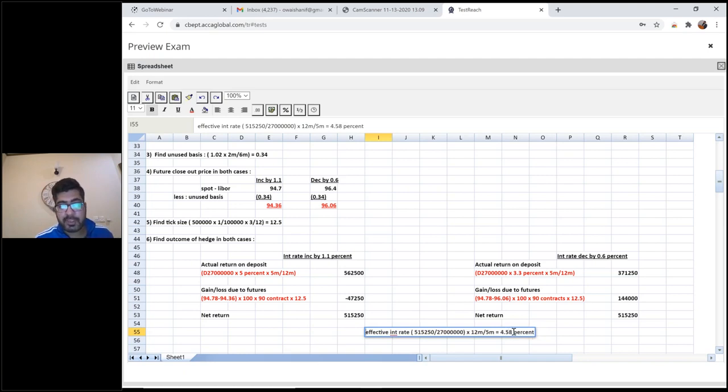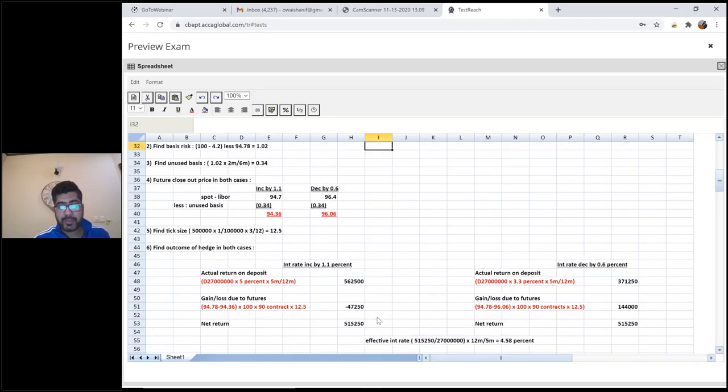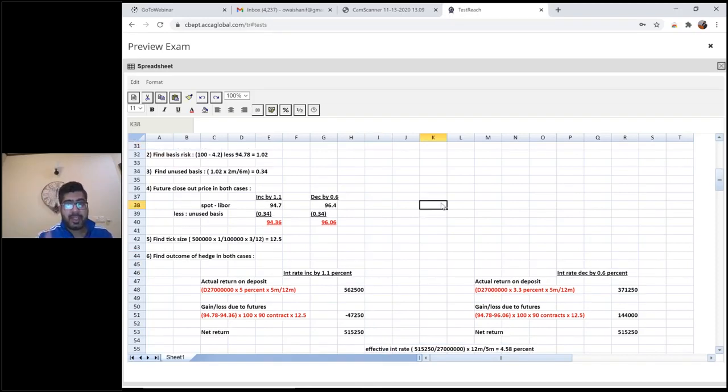I have not performed options yet, but comparing these two, FRA is giving 4.72% effective rate and futures is giving 4.58. In borrowing, we prefer the one which gives the lowest percentage, but in deposit, we prefer the one which gives the highest percentage. So among these two, the effective rate of FRA is higher, therefore that is preferred, but we will finally decide when we complete options. You can copy this, and any queries please ask.